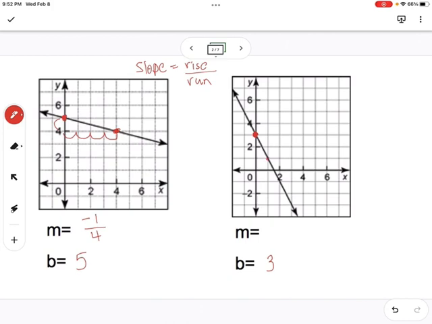So that would be right here. Going from this point to this point here, we go down 1, 2, and over 1. So going down 2 means we have a negative 2 over 1. We can simplify the negative 2 over 1 to just equal negative 2.